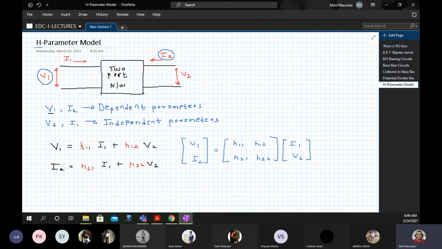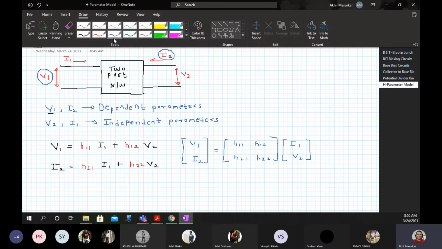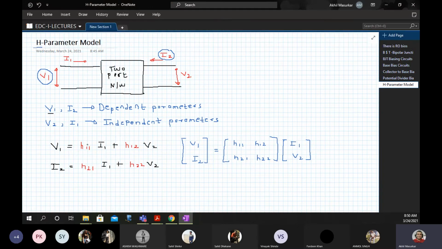Now the question is, what is this H11, H12, H21? So they are called hybrid parameters, and they are called hybrid parameters because all of them have got different units.